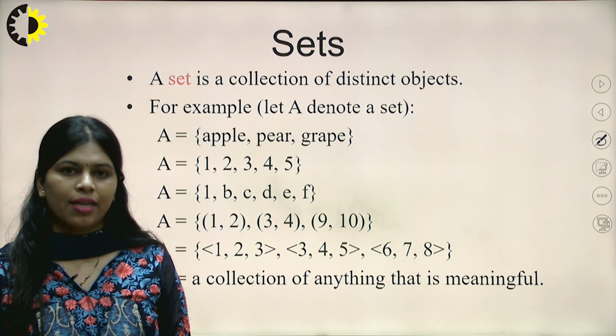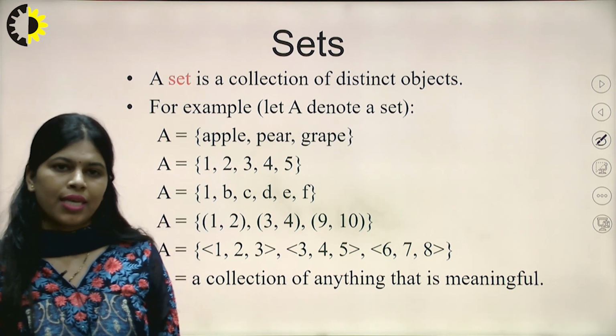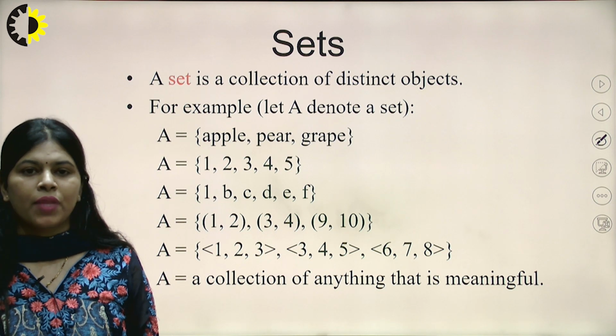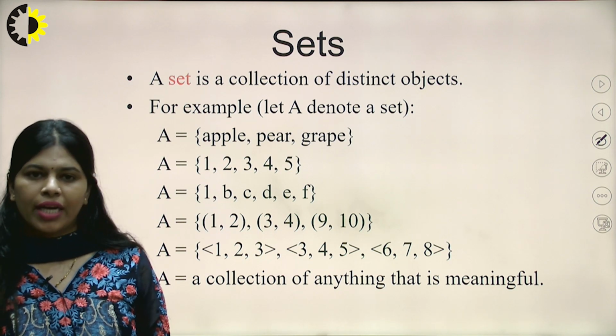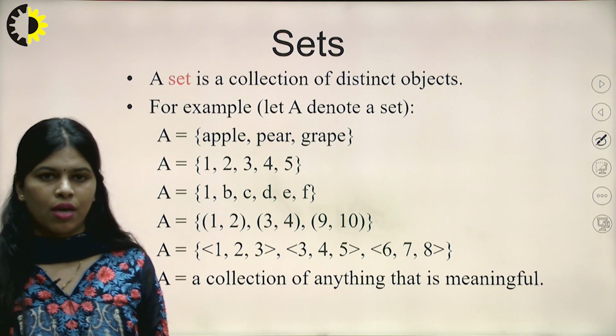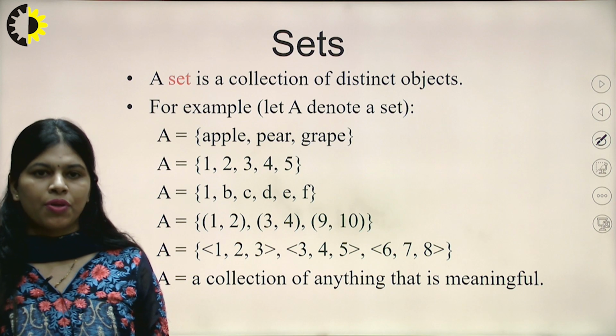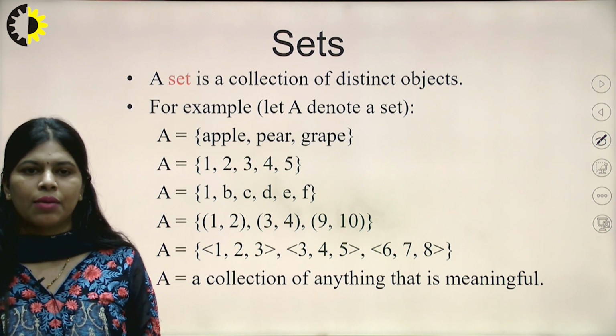Basically, a set is a collection of distinct objects, or I may say that a set is an unordered, well-defined collection of distinct objects. Now, what do we mean by unordered? Unordered means any number of elements can be represented in a set in any manner.